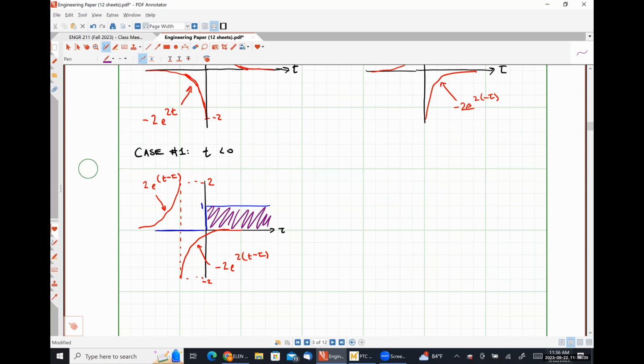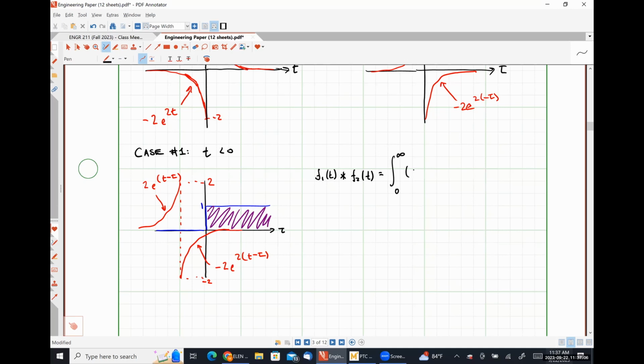So for this interval, f1 of t convolved with f2 of t is going to look like the integral from 0 to infinity, because our overlap extends all the way from t is equal to 0 out to t is equal to infinity.